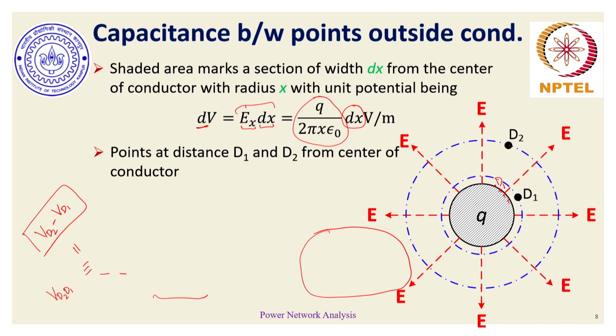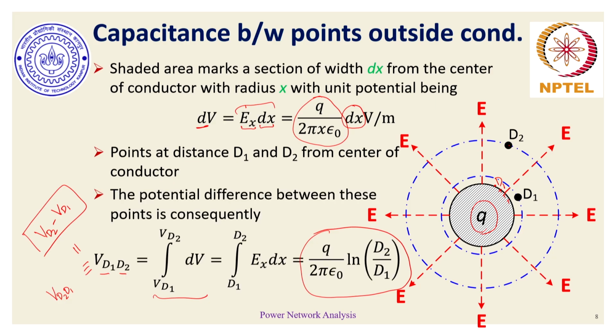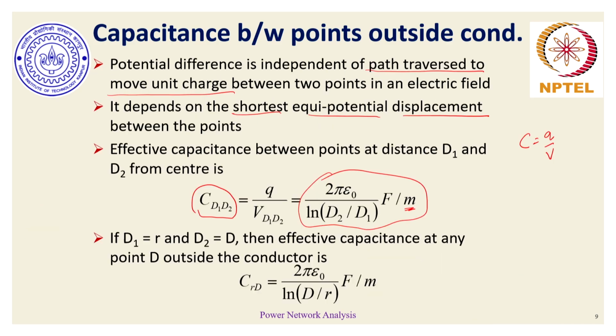So inside a conductor, since charges won't exist, along this surface there would not be any potential or electric flux line at all. So the worst case point which D1 can take is the surface of the conductor itself, which is at a distance r from the center of the conductor, and D2 could be any point in general which is at a distance d from the center of the conductor.